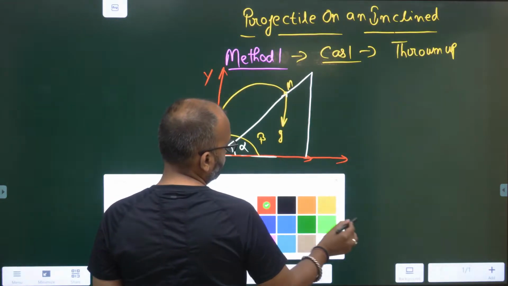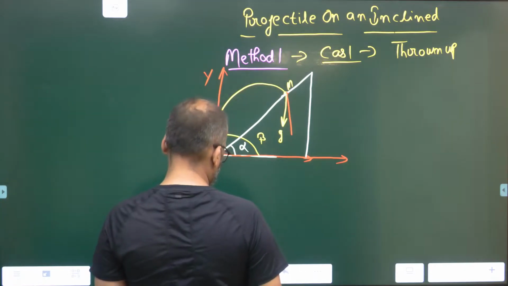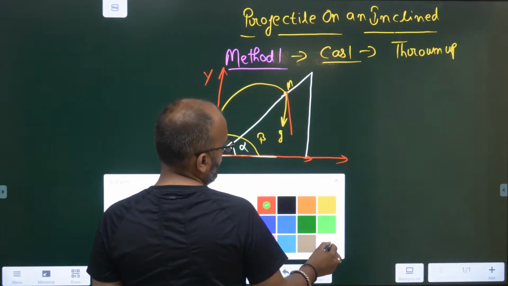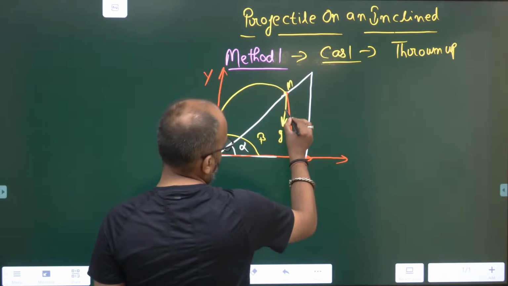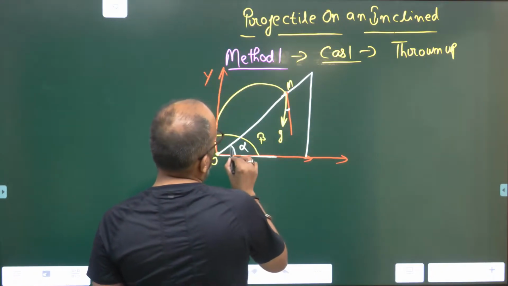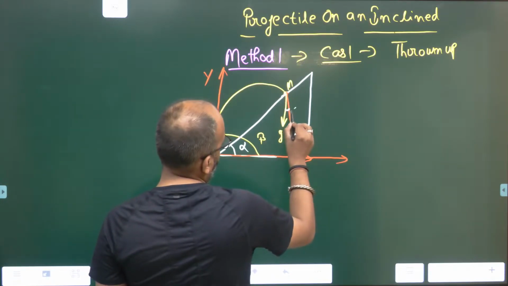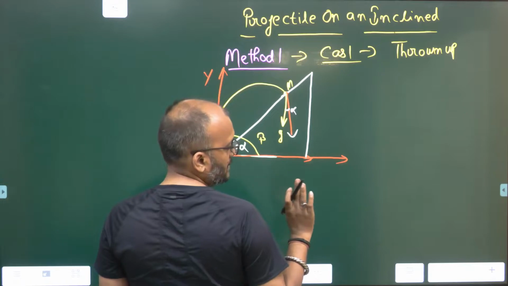Yes or no? But this is my vertical axis. So actually body is making an angle of what? Alpha is given to us, so it is making an angle of alpha. Is this clear or not?